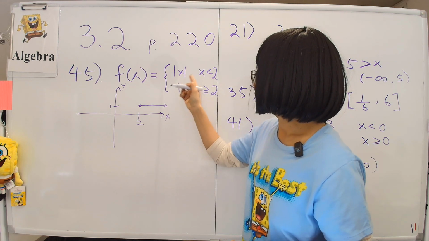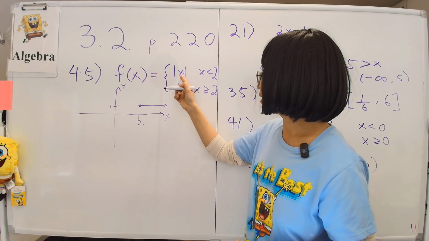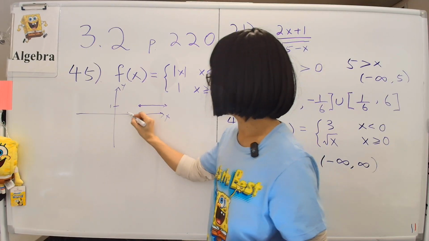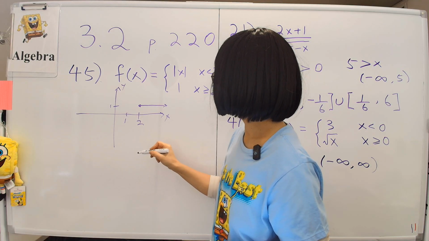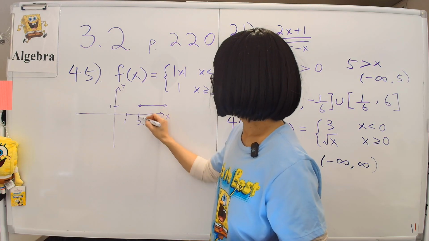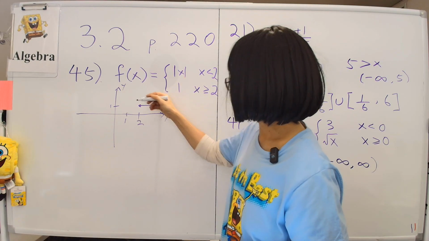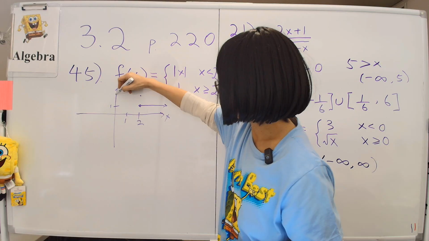Now, for x less than 2, it becomes the absolute value. Let's say at 1.999, it'll be something close to 2 up here because it's the absolute value.